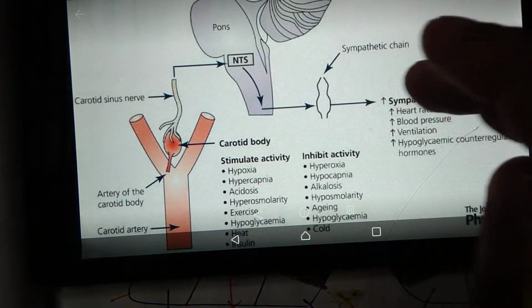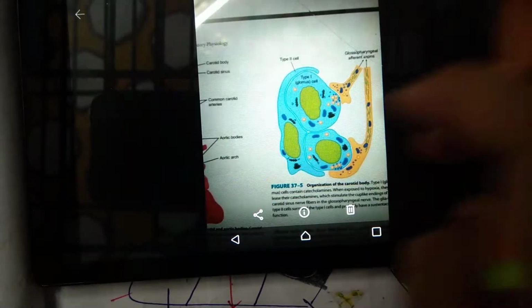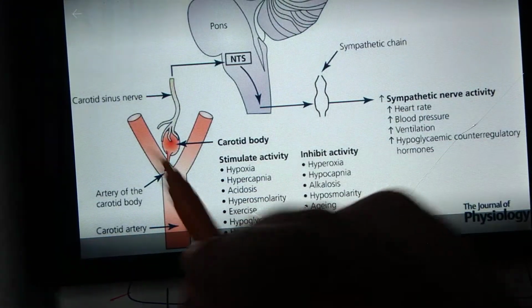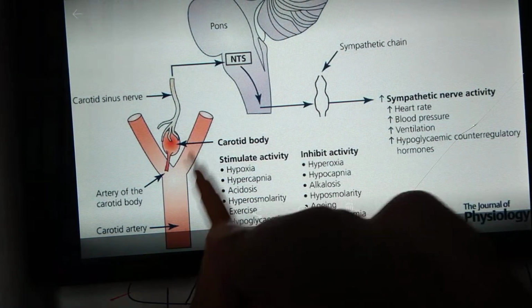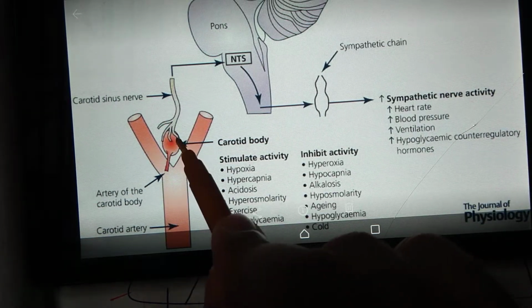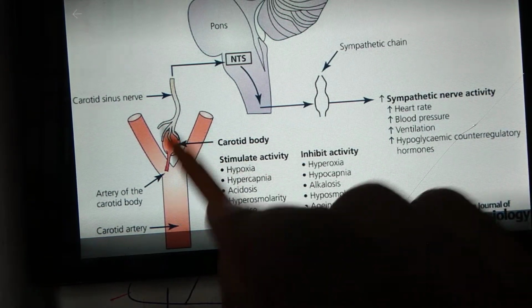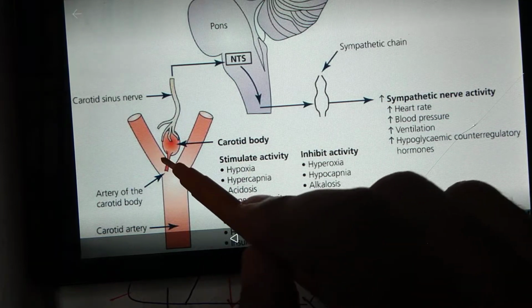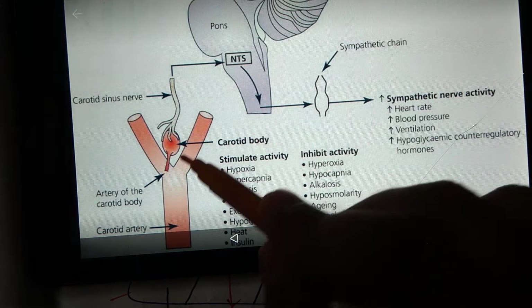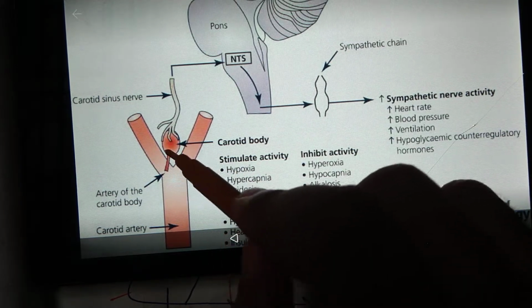Now its function. Actually, the carotid body is a chemoreceptor, and it is related to our cardiopulmonary system. That means it is related to our cardiovascular system as well as our respiratory system, but it predominantly regulates respiration and regulates the cardiovascular system a little bit also.